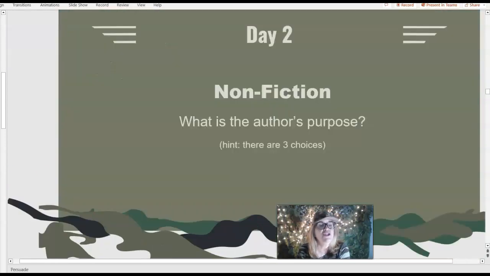Then we went down to day 2 and we talked about author's purpose. Author's purpose is 3 different things, right? Three different ways that an author decides how he or she wants to start off their book. And one of them is to entertain. The second one is to inform. And the third one is to persuade.